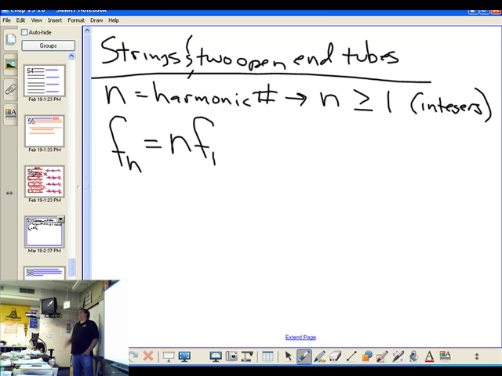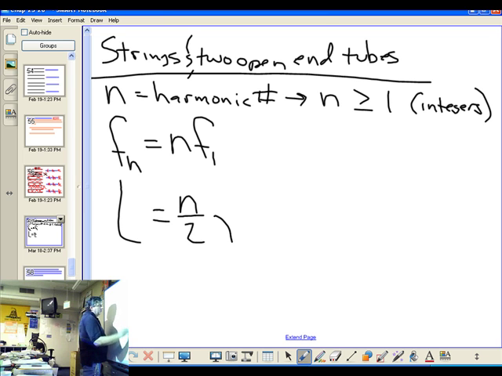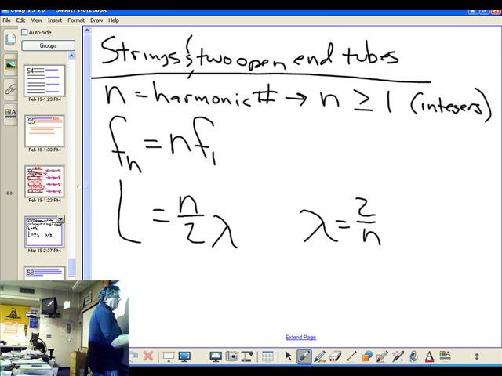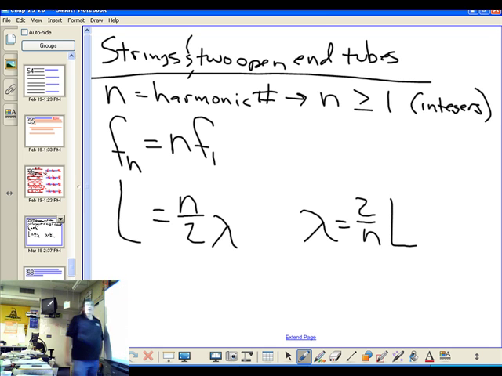Twice the frequency, 3 times the frequency, 10 times the frequency, 100 times the frequency, and so on. L is equal to the harmonic number over 2 times the wavelength. Lambda is equal to 2 over the harmonic number times the length.